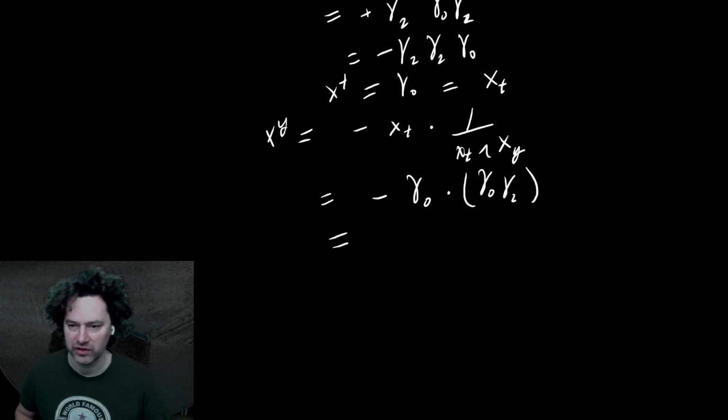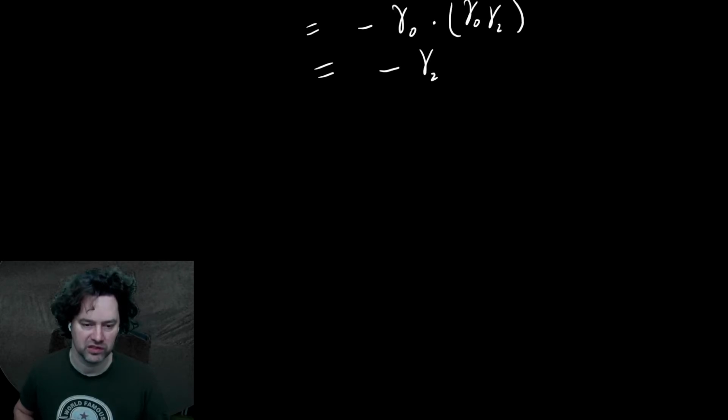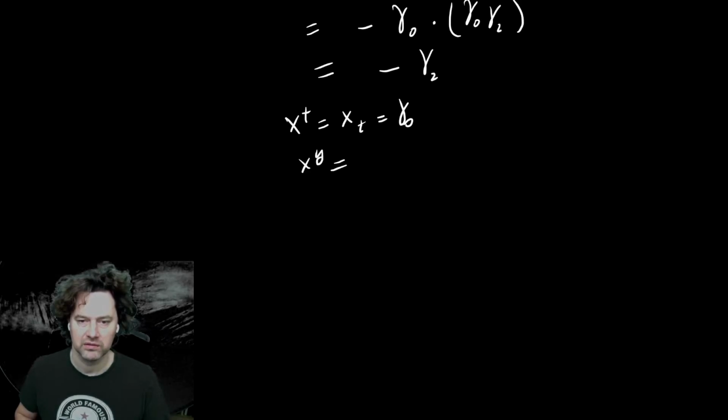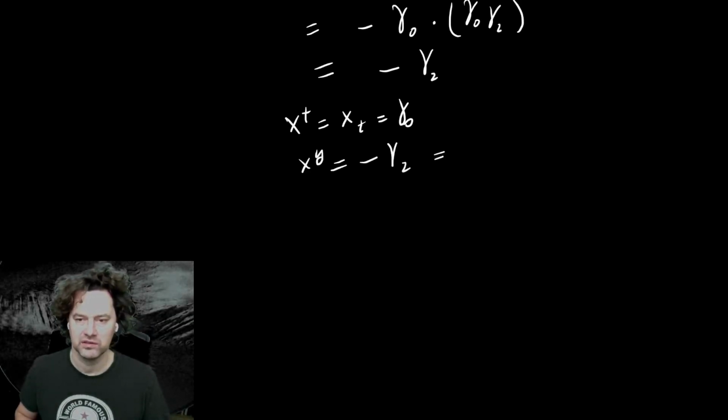And gamma naught times gamma naught is plus 1, so we have minus gamma 2. And now we have successfully computed that x^t equals gamma naught, and x^y equals minus gamma 2, which is minus x_y.